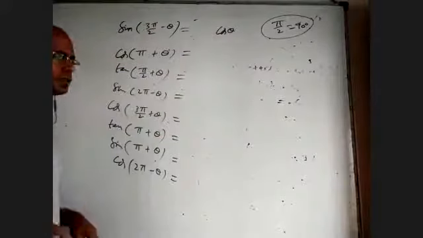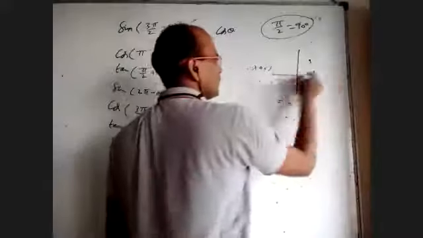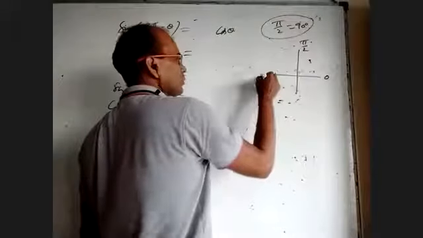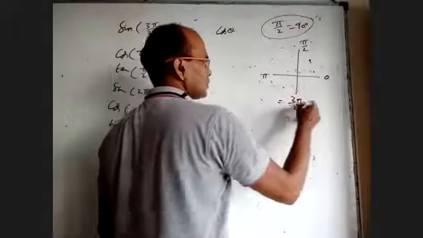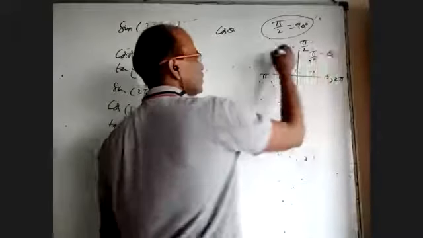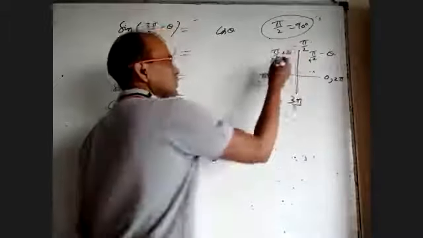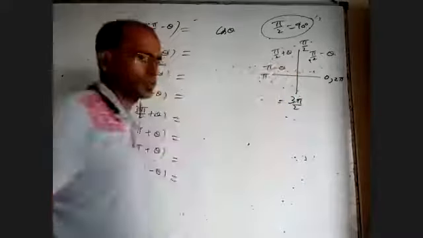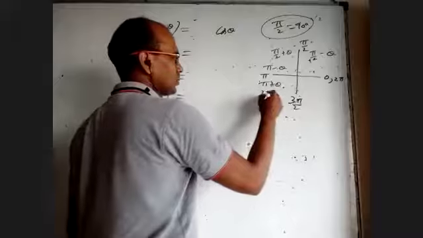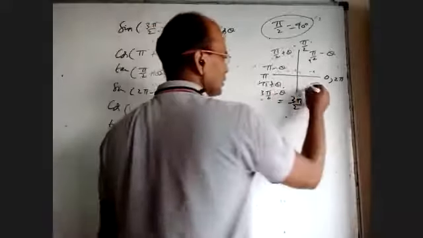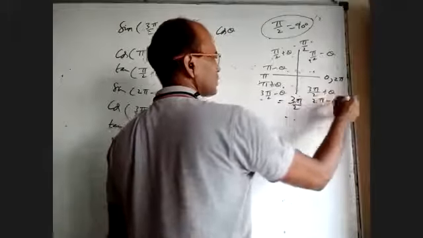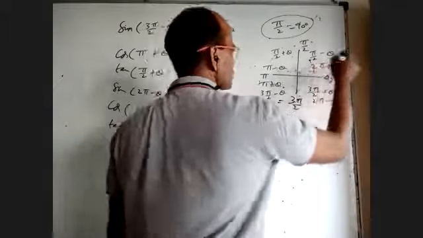Next, to decide the sign, let me draw here. This is 0, this is pi by 2, this is pi, this is 3 pi by 2, this is 2 pi. So pi by 2 minus theta is first quadrant, pi by 2 plus theta is second quadrant, pi minus theta is also second quadrant, pi plus theta is third quadrant, 3 pi by 2 minus theta is third quadrant, 3 pi by 2 plus theta is fourth quadrant, 2 pi minus theta is this, and 2 pi plus theta is this.